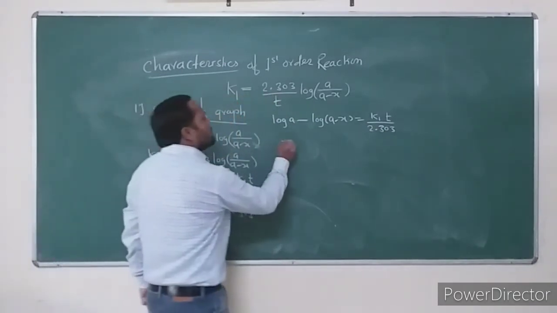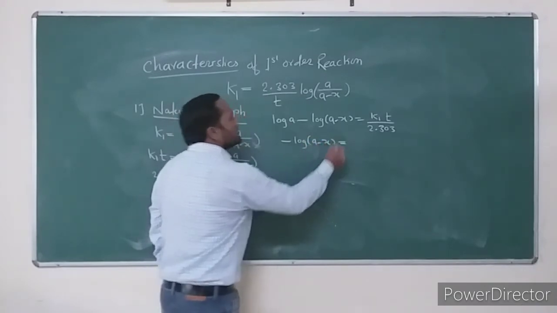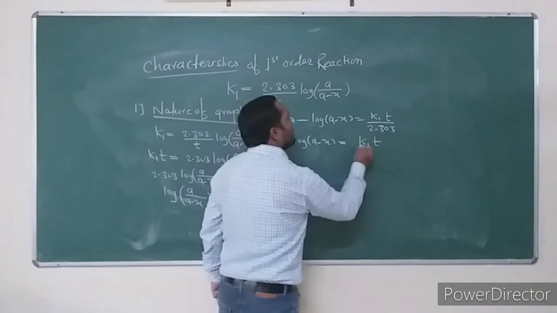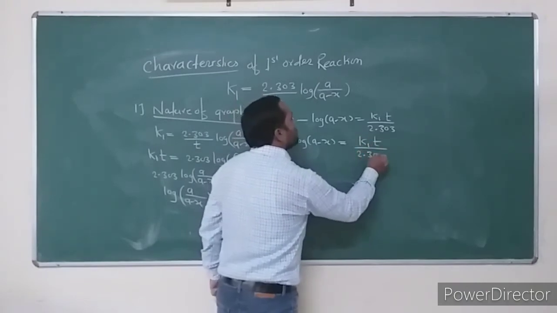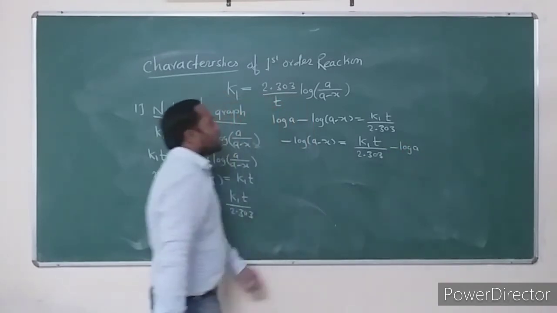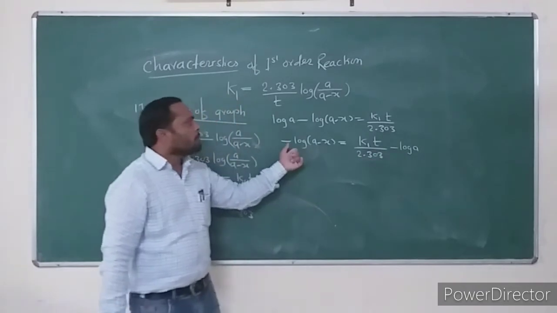Then minus log a minus x is equal to k1 into t divided by 2.303 minus log a. This is the plus term, so when it goes to the right side it becomes minus.